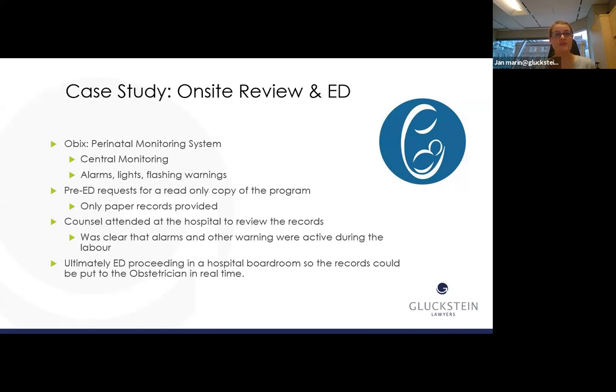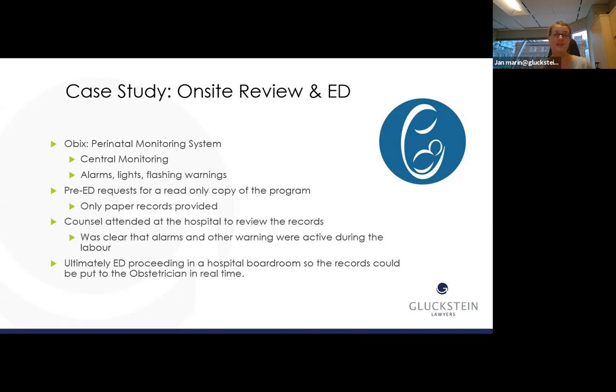These things are really important to understand the whole picture, and very impactful, frankly, in a case like this, when there's a birth injury and there were actually warnings coming out through the system that the team wasn't appropriately understanding or wasn't acting on at any rate. What also happened as a result of all of this is that the discovery ultimately proceeded on site at the hospital.